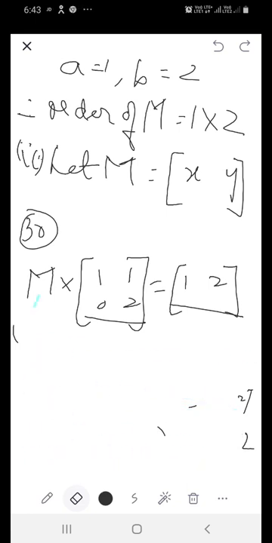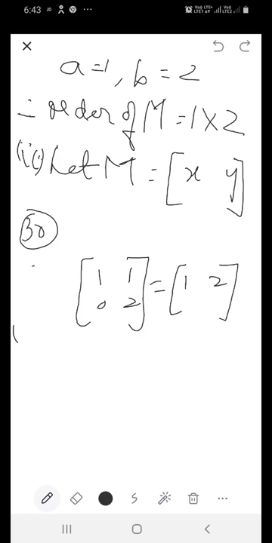I am replacing this M by the matrix, I am writing for it the matrix M, which is X Y. Now the concept is to multiply the first row with the first column.